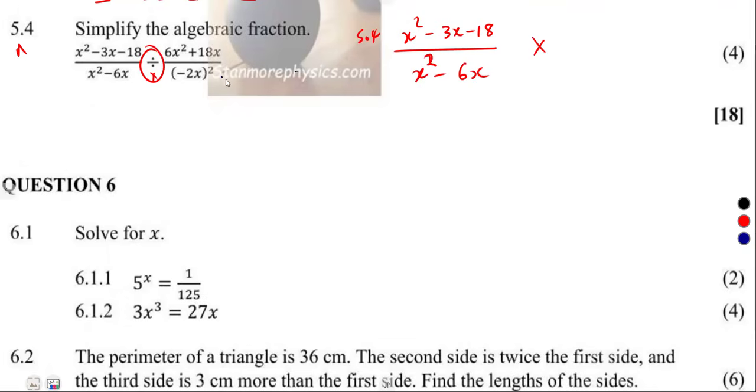The second fraction, you must invert it. You must invert the second fraction. So it is going to be minus 2x to the exponent of 2 over what? The denominator 6x squared plus what? 18x, like that. So you interchange, introduce multiplication, interchange like that.